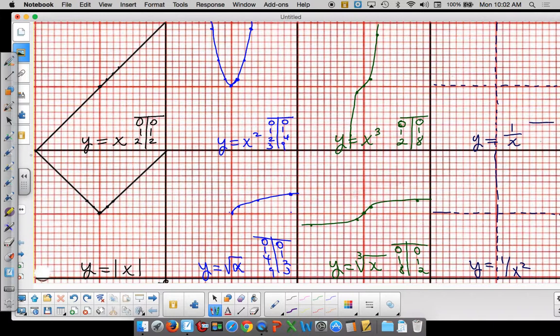In this case, where I have a 1 on top of the fraction, it's just going to be over 1, up 1. Because if you put 2 in for x, y is going to be a half. If you put 3 in for x, y is going to be a third. Any other numbers you put in give fractions, and trying to plot fractions on boxes this tiny isn't very effective.